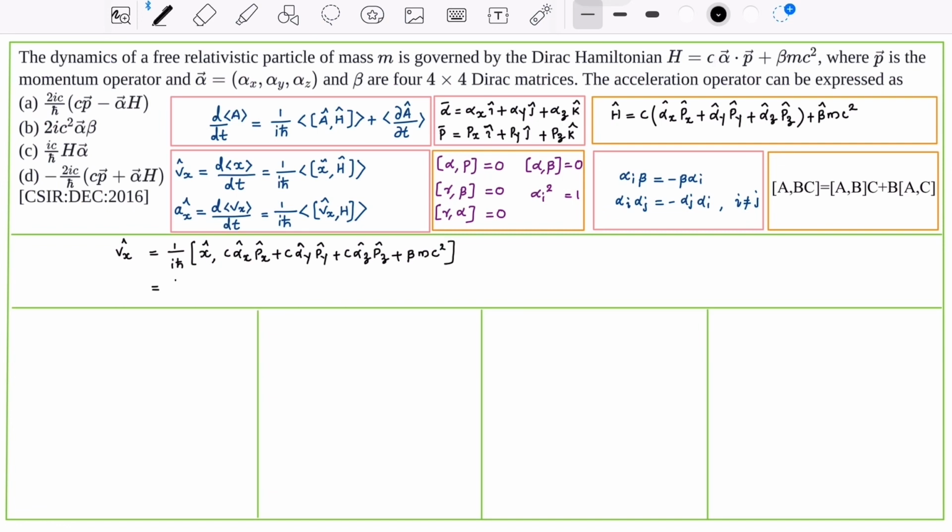Now this can be represented as 1 by iħ times the commutator of x and c αx px, plus the commutator of x and c αy py, plus the commutator of x and c αz pz, plus the commutator of x and β mc².